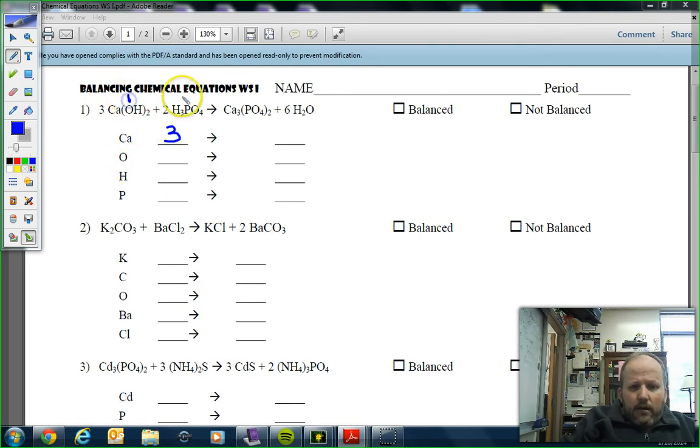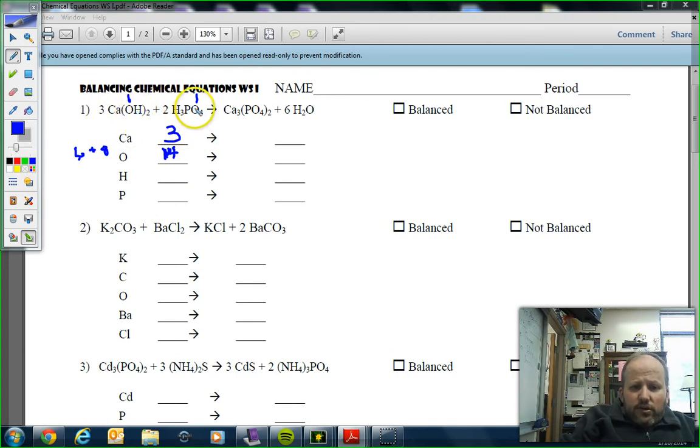3 times 1, 3. Now oxygen, you have to be careful. Oxygen is there, and oxygen is there. So 3 times 1 times 2 is 6, and then 2 times 4 is 8. There are 14 oxygens in this. 14.